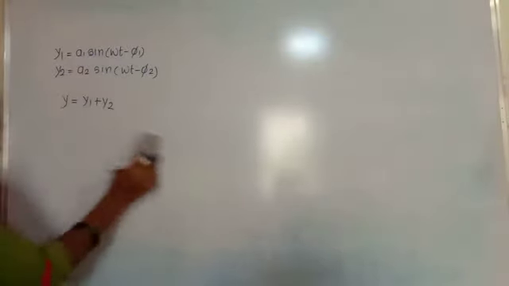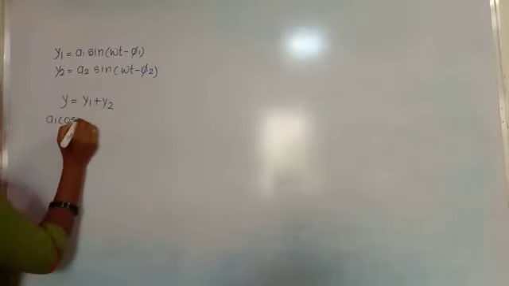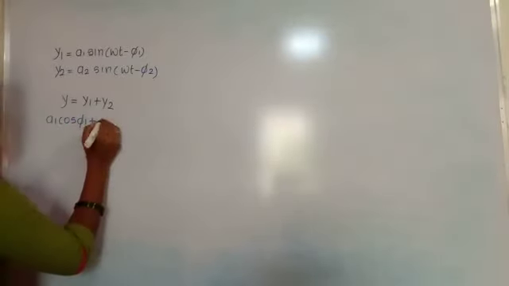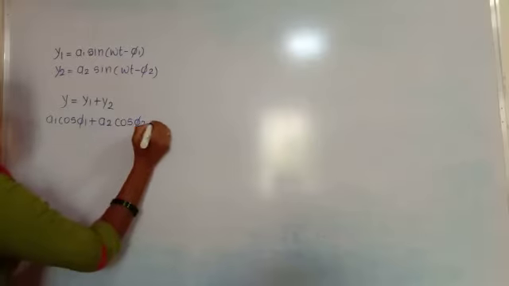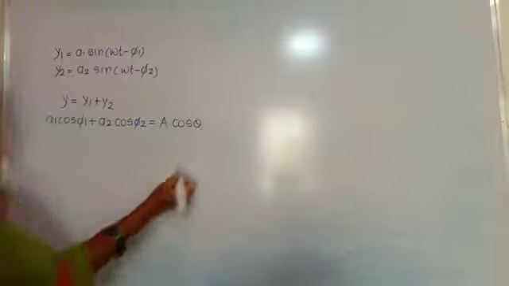First of all, we put the values: a1 cos phi 1 plus a2 cos phi 2 is equal to capital A cos theta.